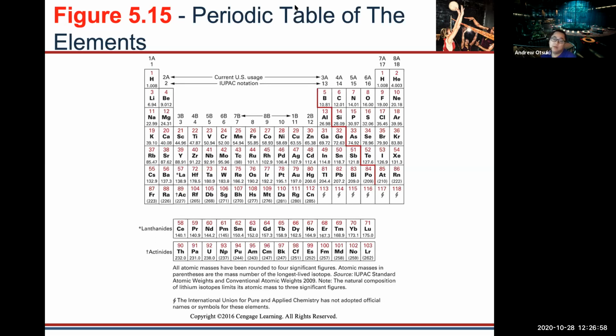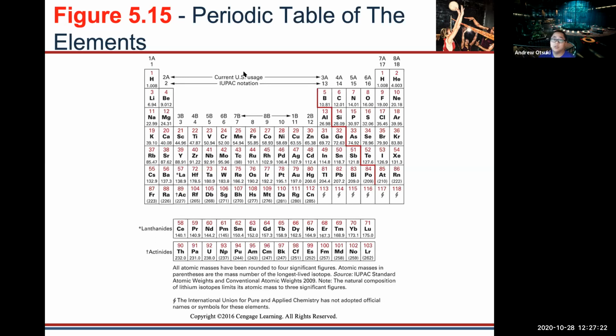And we see that sulfur is part of the main group, so we call it a main group element. And since it's to the right of that staircase that we see here, sulfur is a nonmetal.